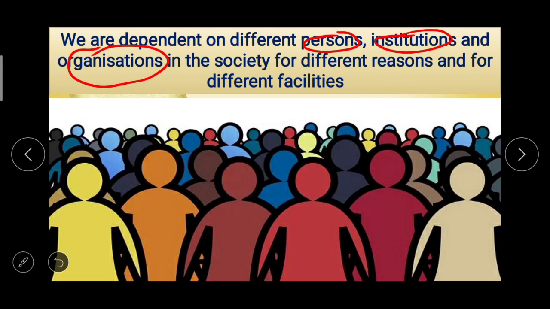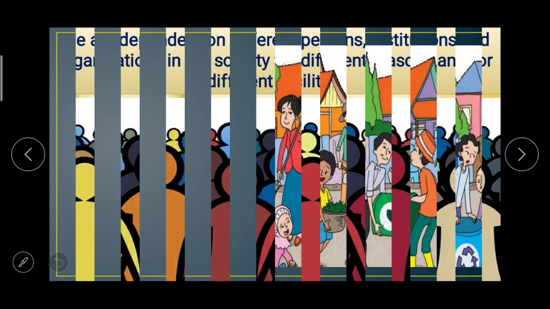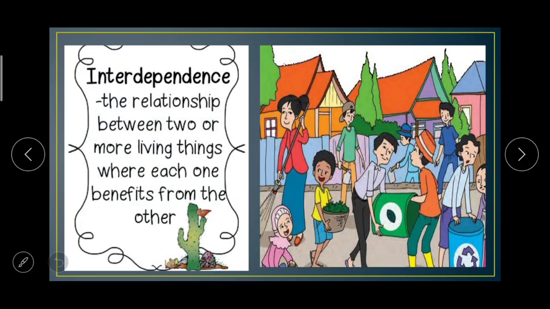So the people in society are dependent on each other for different reasons and for different facilities. So interdependence is nothing but the relationship between two or more living things where each one benefits from the other.